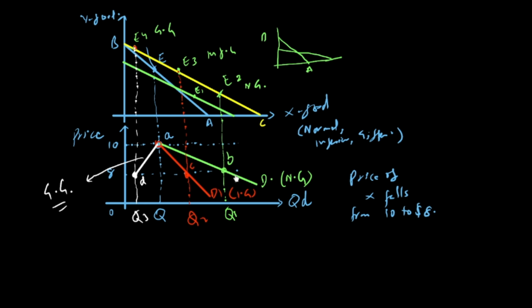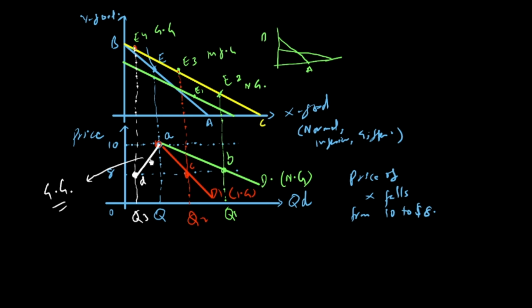This is the demand curve for normal good, that is relatively flatter, right? And this is the demand curve for inferior goods, which is relatively steeper but negatively sloped. And this is the demand curve for Giffen goods, that is positively sloped, right? Because it is going upward like this, like a supply curve.